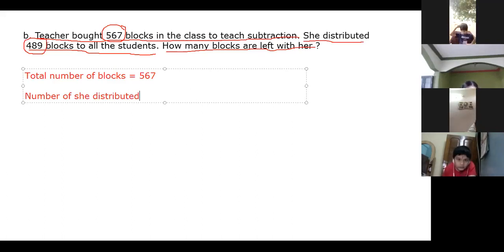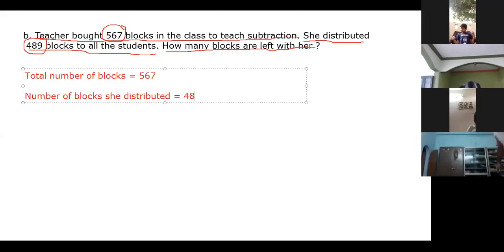Spelling is distributed. Wait, this should be number of blocks. Number of blocks she distributed is equal to 489.